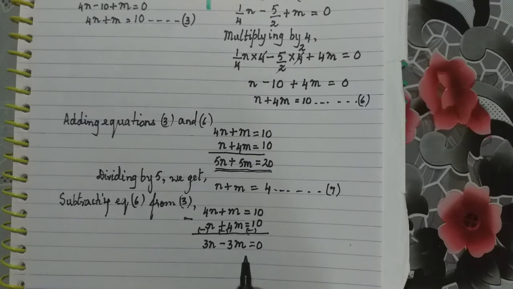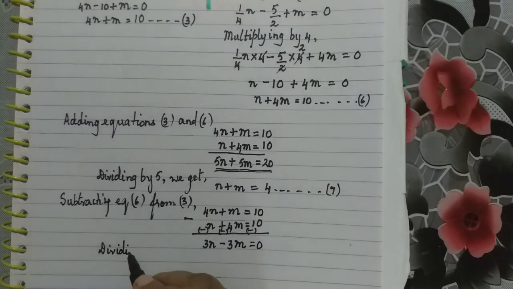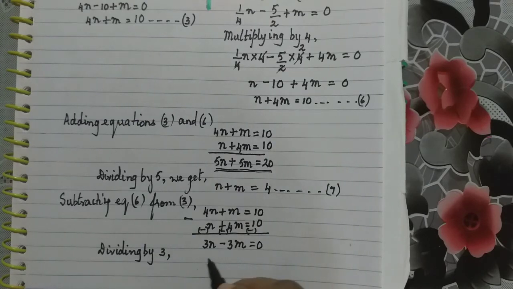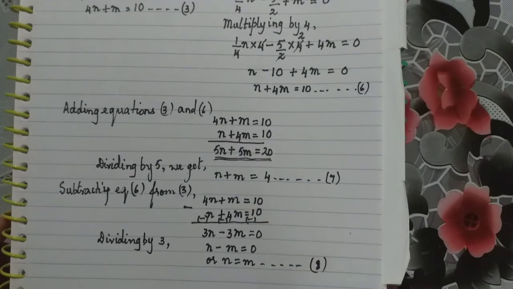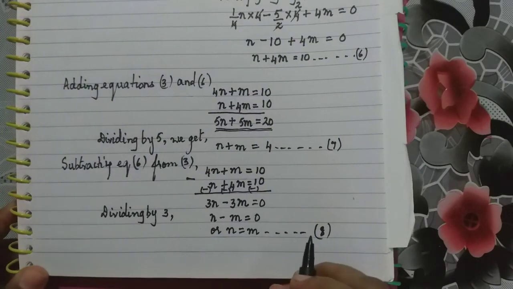Okay, once we get this, I can divide throughout by 3. So dividing by 3. What happens? This becomes n minus m equal to 0, or n is equal to m. So now I have got one equation, that is equation 8, that is n is equal to m.